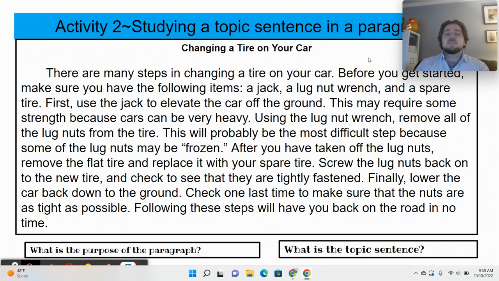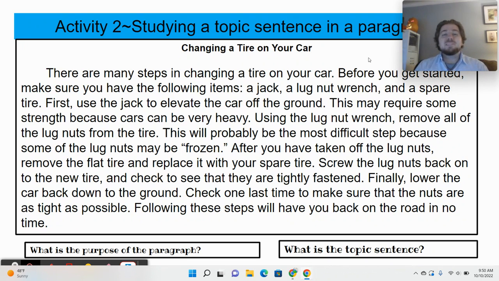So there are many steps in changing a tire on your car, but before you get started, make sure you have the following items. So right away, we can see that the topic sentence is actually the first one. Now, this is not always the case. The topic sentence isn't always the first sentence in a paragraph, but more often than not, it is the first sentence.